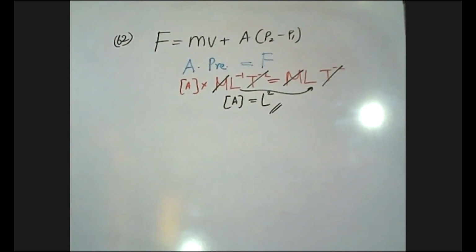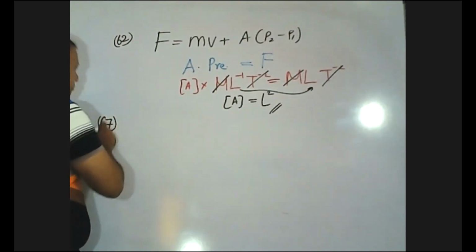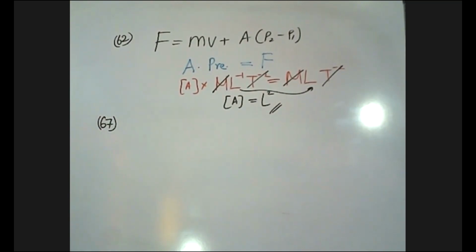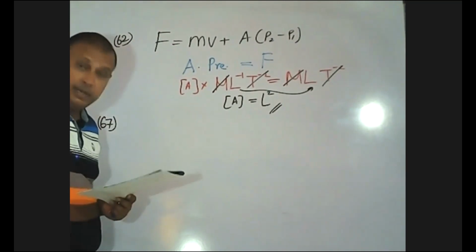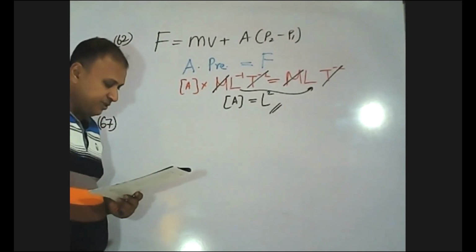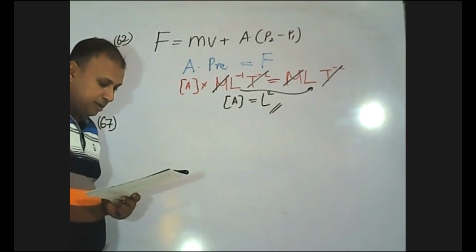Question number 67. The change in velocity v of a freely falling object is only proportional to g to the power p and h to the power q, where g is the gravitational acceleration and h is the distance traveled from the point of release.